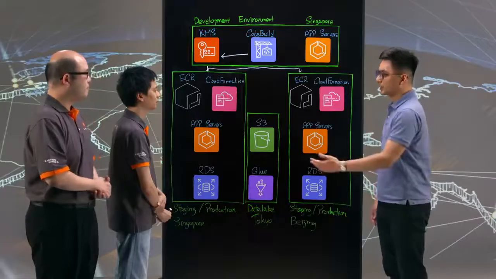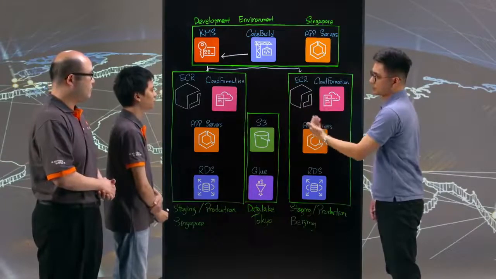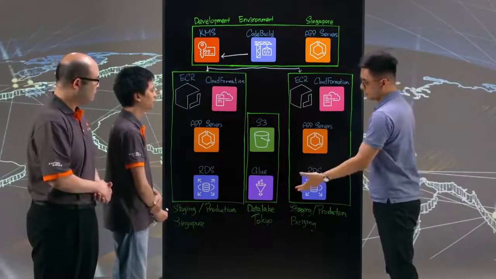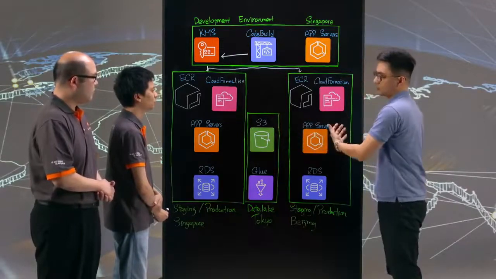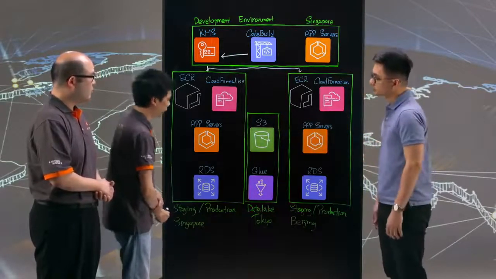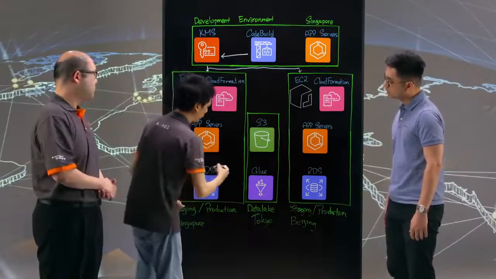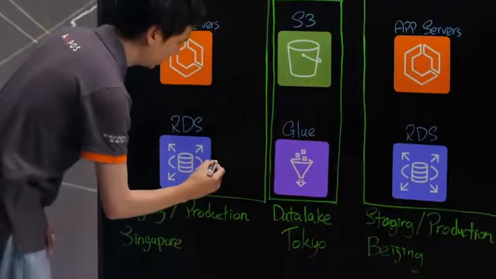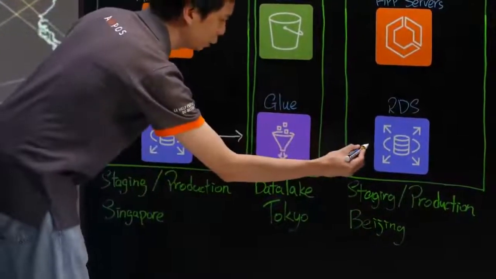So Dar, we just learned that having data across those regions can be challenging. Could you share how you aggregate data from the global regions and the China region? Okay, in our data lake solution, we create a Glue job to export the data from these two regions into one data lake.